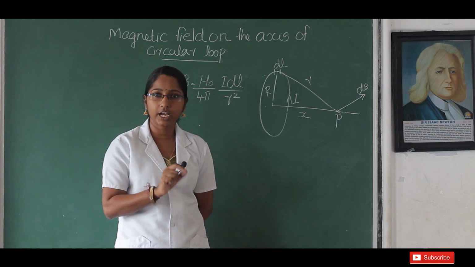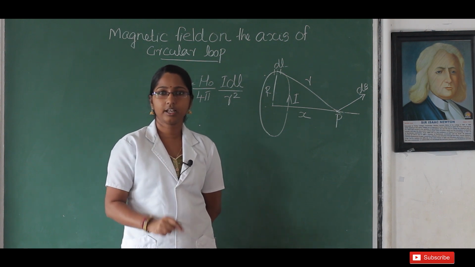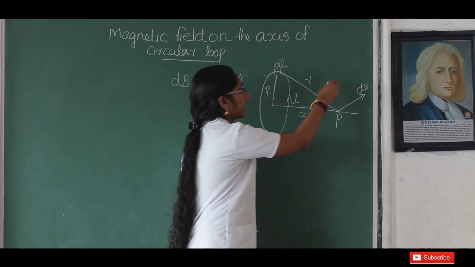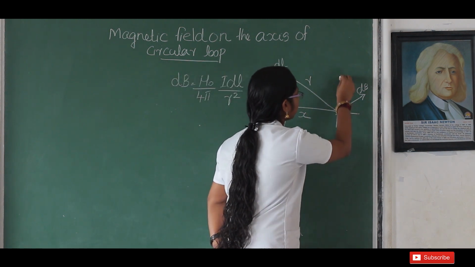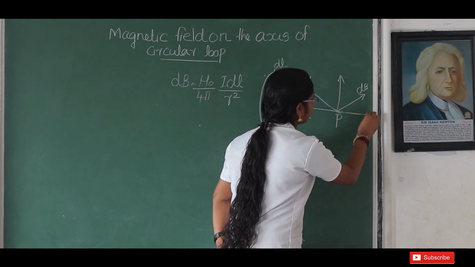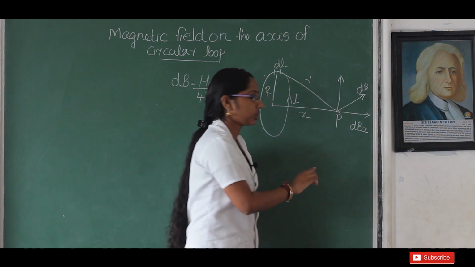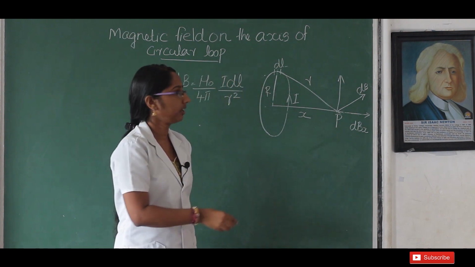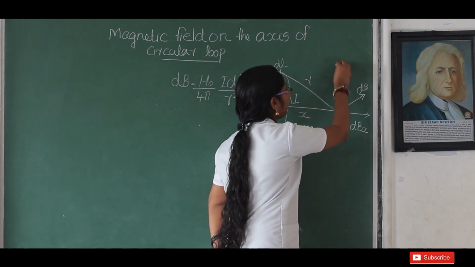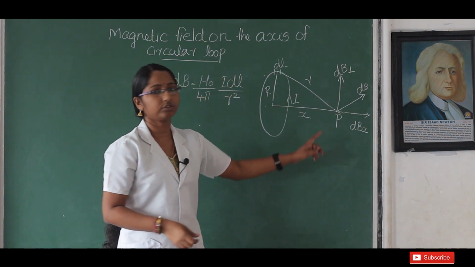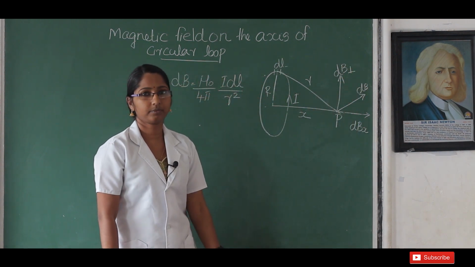One is along the horizontal direction and the other one is the vertical component. So here we can write dBx, that means the component in the horizontal direction, and dB perpendicular is the perpendicular component of our dB.